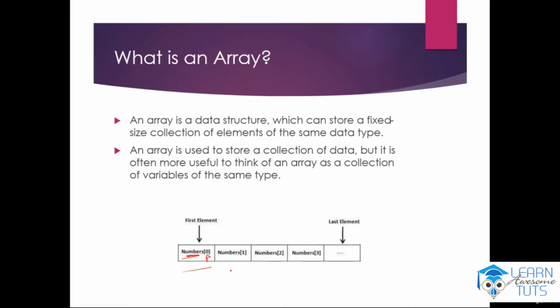So we have numbers[0], numbers[1], numbers[2], numbers[3], and the last element. If we want 100 variables, then the last element will be numbers[99]. So as you can see, 0, 1, 2, etc. are indexes associated with variables, and they are used to represent individual elements available in the array.